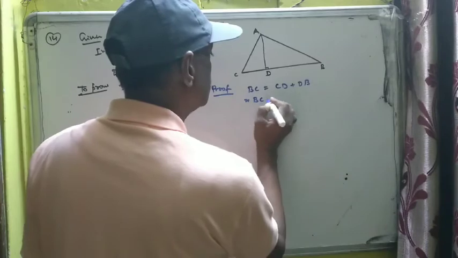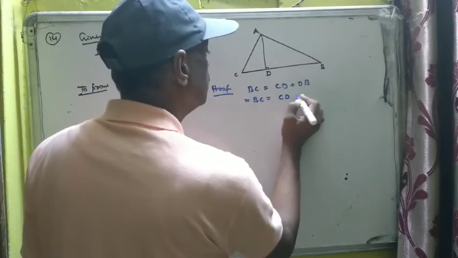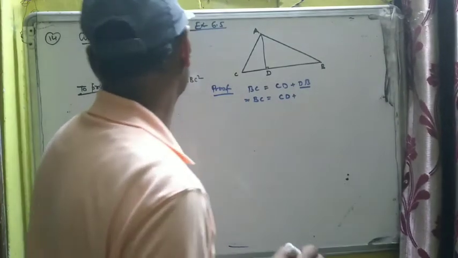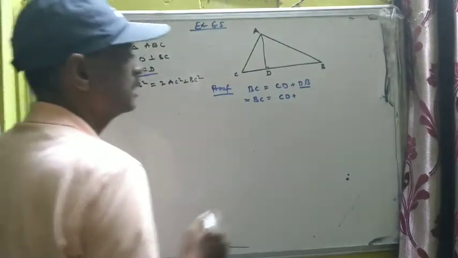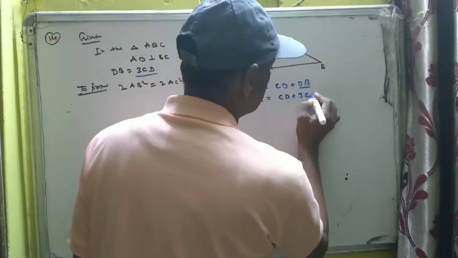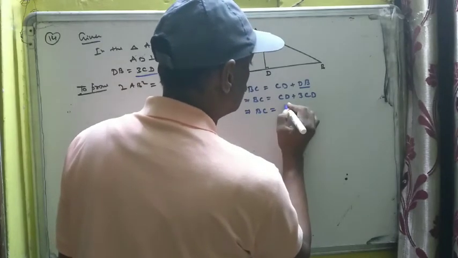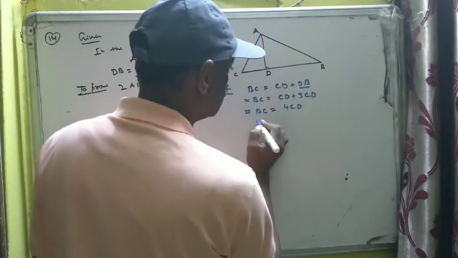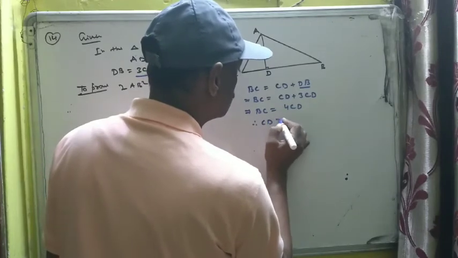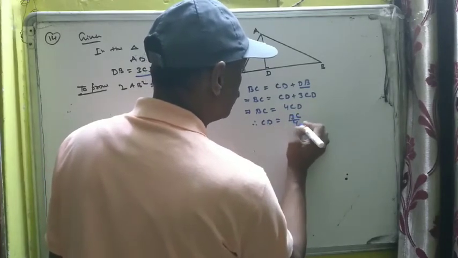Okay, so BC equal to CD, at the place of DB we can write 3CD. So just write here 3CD. Therefore BC equal to 4CD. It means CD equal to BC by 4.